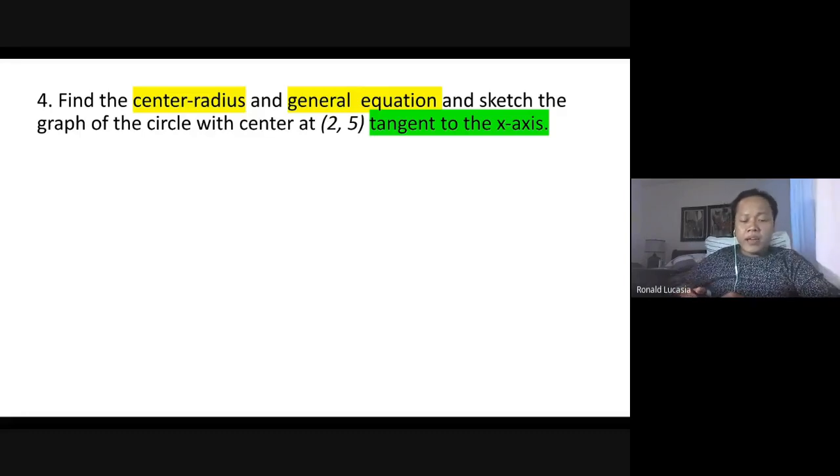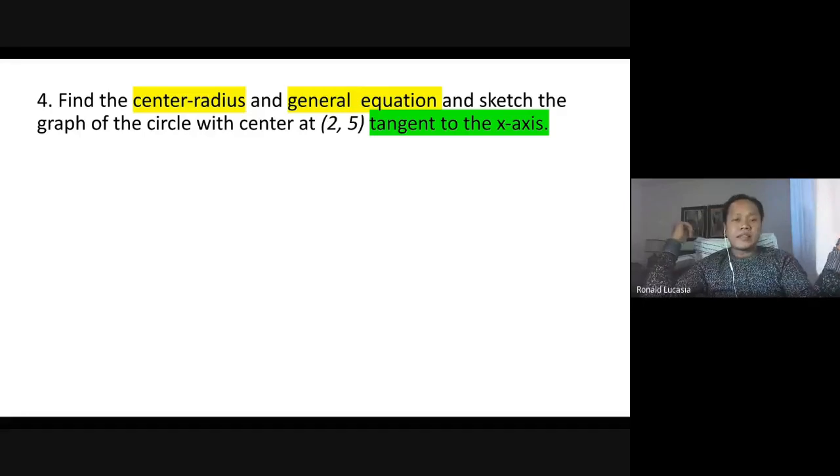Find the center radius and the general equation and sketch the graph of the circle with center at (2, 5), tangent to the x-axis. Any idea how to solve this one? Well, we've mentioned about tangent.